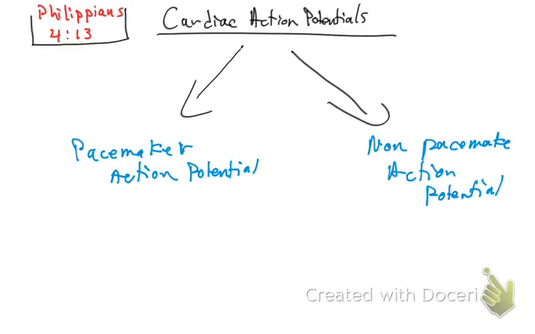Let me start from the bottom. You're going to see two, but all of those require something. They require electrolytes. So what are some electrolytes? I'm going to put it here: sodium, for example.